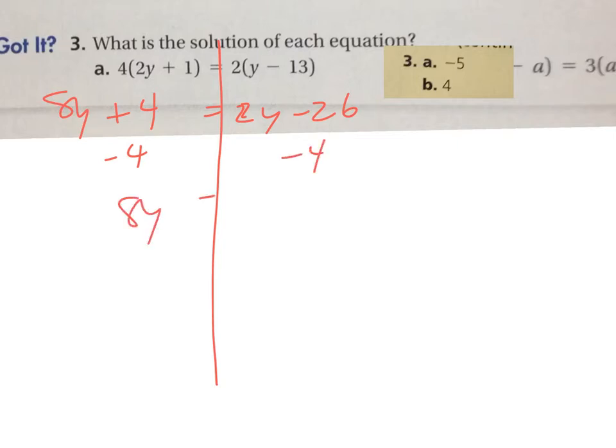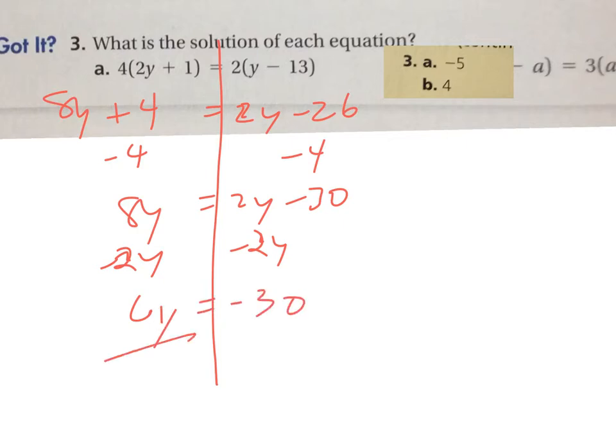I get 8y equals 2y minus 30, because negative 26 minus 4 more is negative 30. Subtract the 2y, subtract the 2y. As promised, that's a 2y. So I get 6y equals negative 30. Divide off that 6, and y is negative 5.